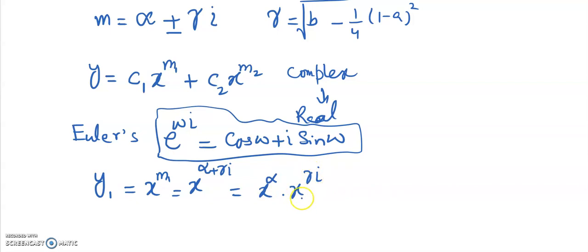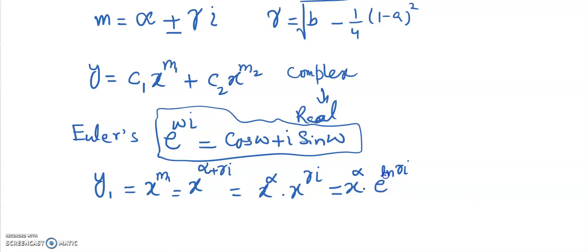Now look at this x power gamma i. It is something similar to Euler's form over here, but not exactly. What we need to do further is write it as x power alpha, and x we can write as e to the log of x.